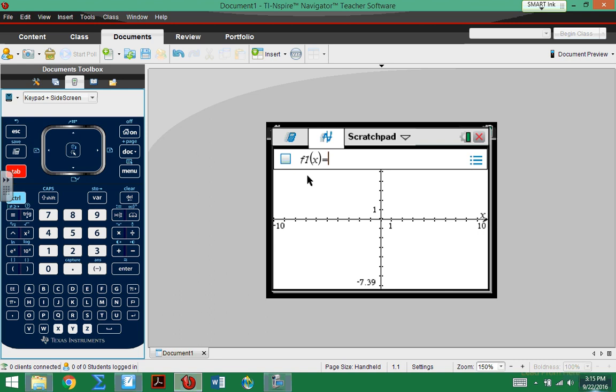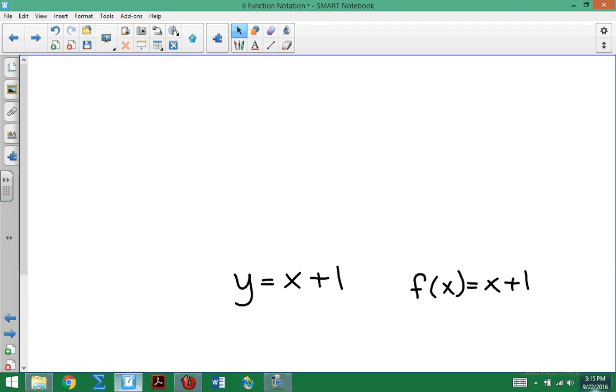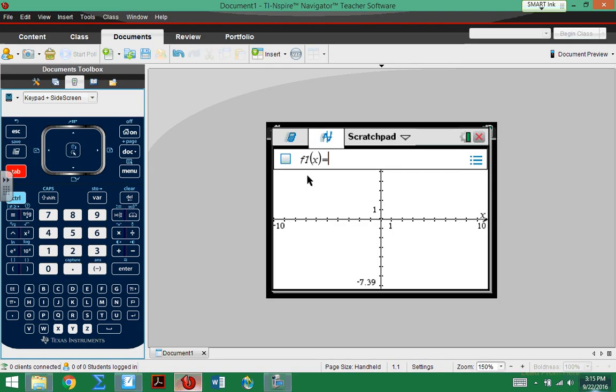So if I want to graph f of x to be x plus 1, I'm just typing in x plus 1. So we're going to type x plus 1, hit enter, and graph that function. If I wanted to graph a second function, I would hit tab again.